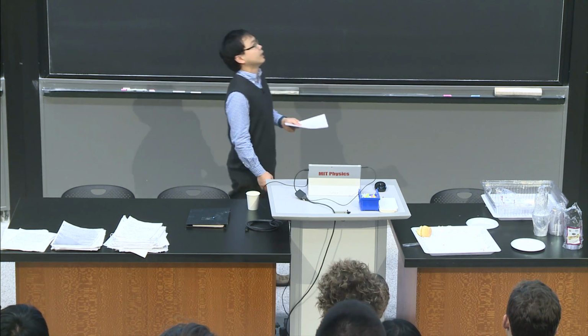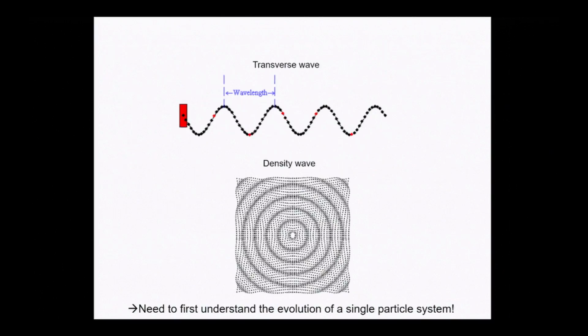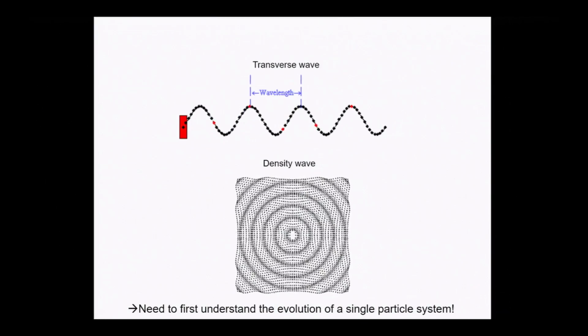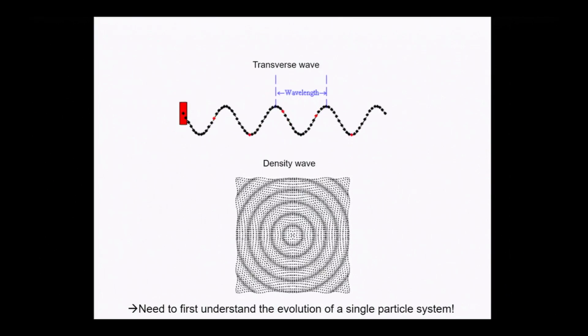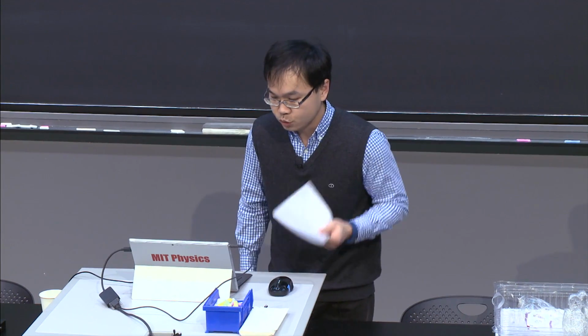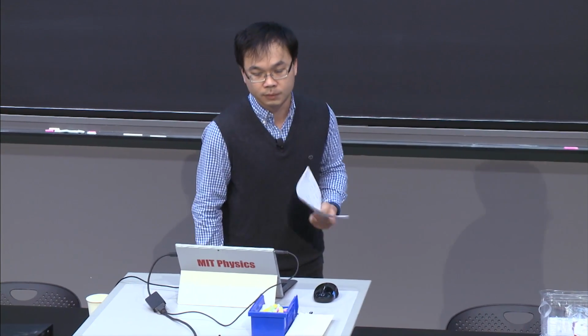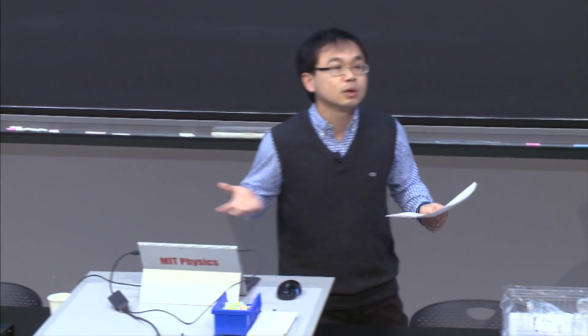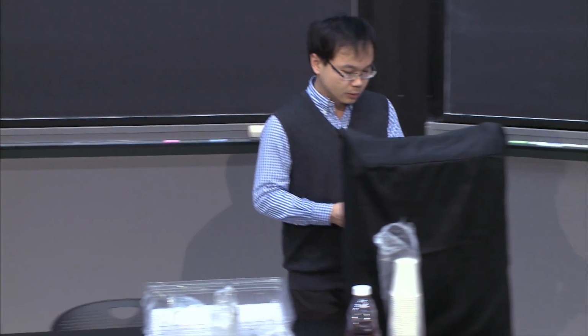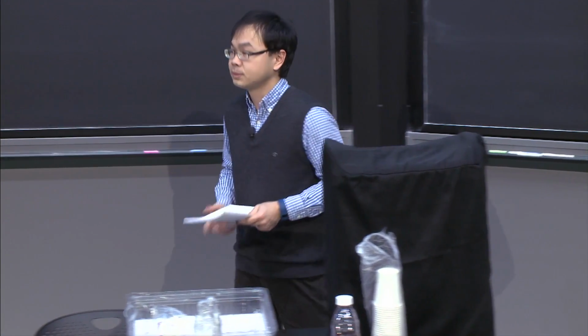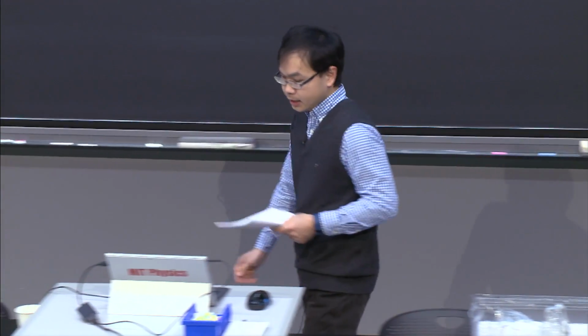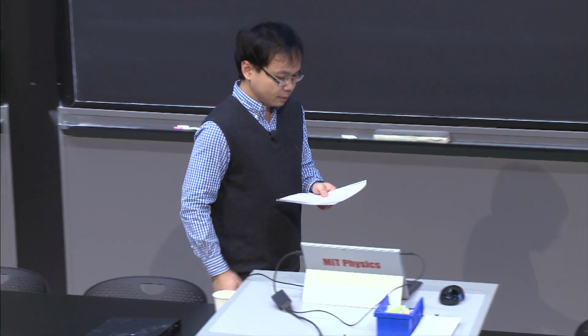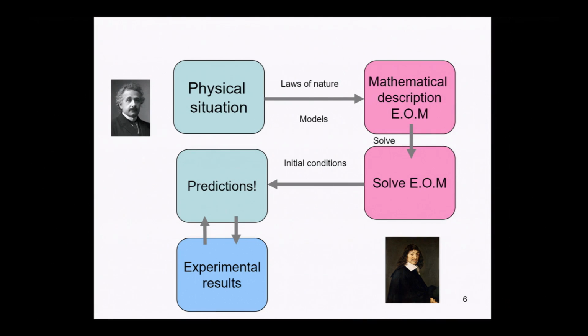So there's a close connection between single particle vibration and the waves. And that is the first thing we learn. Therefore, we need to first understand the evolution of a single particle system. And we make use of this opportunity to start the discussion of the scientific method, right? So using this opportunity, basically what we have been doing for the whole class is the following.